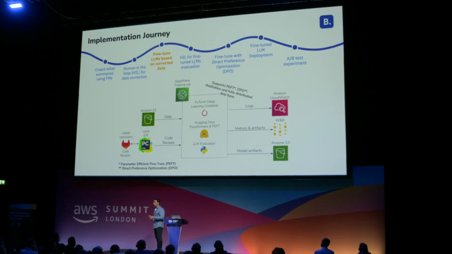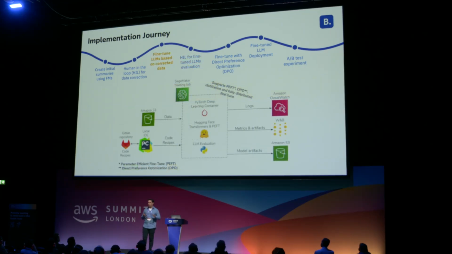Then we can launch a training job that does the whole fine-tuning process based on Hugging Face models with our unique LLM evaluation code. Finally, it outputs logs that are stored in Amazon CloudWatch. It also outputs our evaluation metrics and some evaluation artifacts in Weights and Biases, so we can compare between the models and the different experiments that we did. And eventually, it stores the model artifacts in S3, so we can later deploy the best performing model.